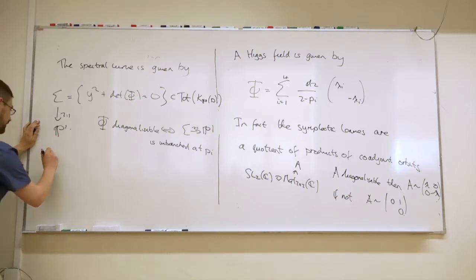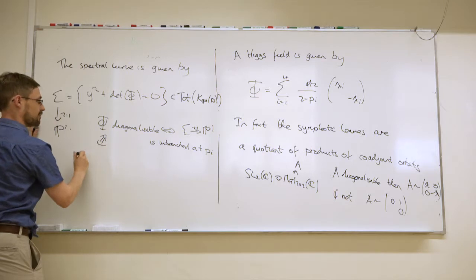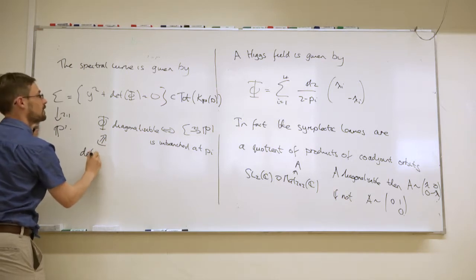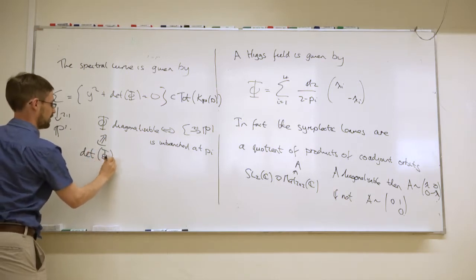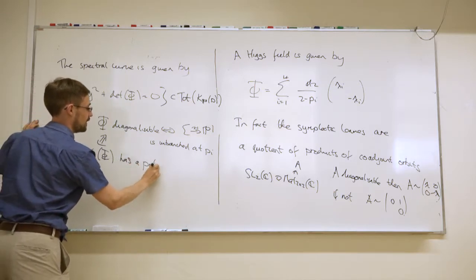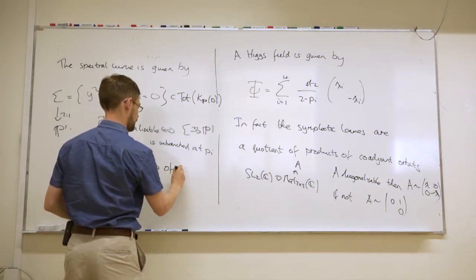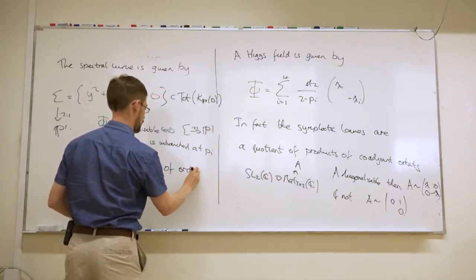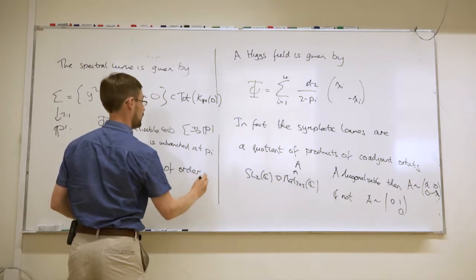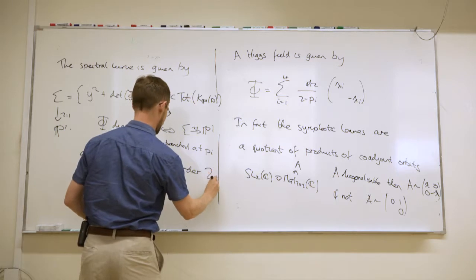Another way of saying that is, this really has a pole of order, well, I have to be a bit careful there, of order 2 in this case.